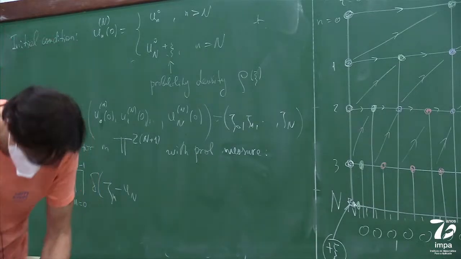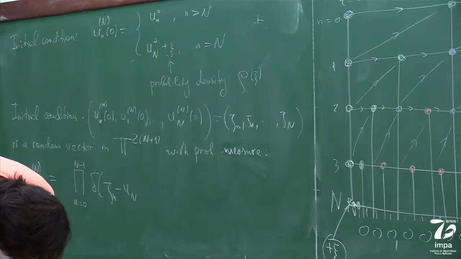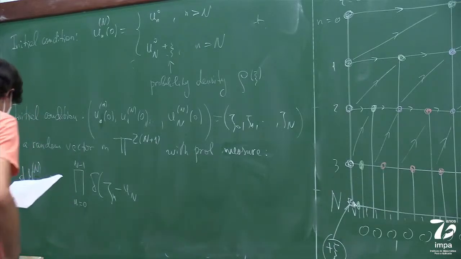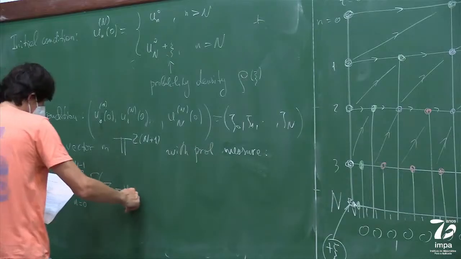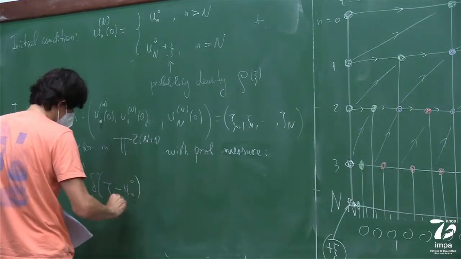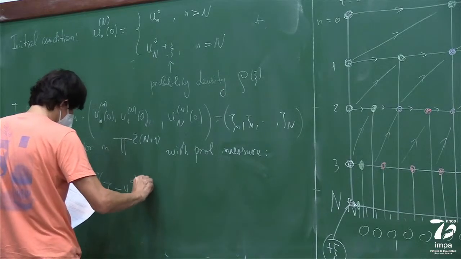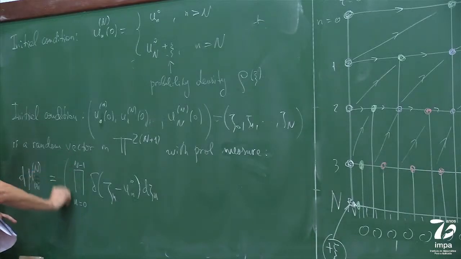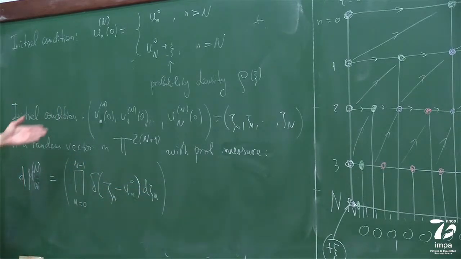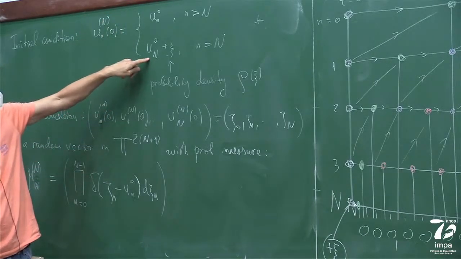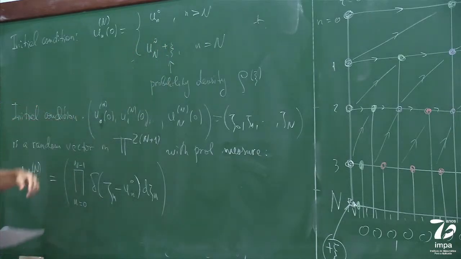There is a misprint here. Good. So this is just a product of the delta functions, which gives a measure concentrated on fixed values. And then we have a distributed value because this is a random number.